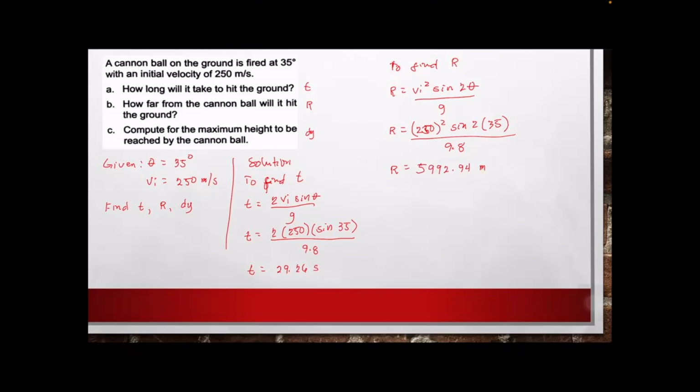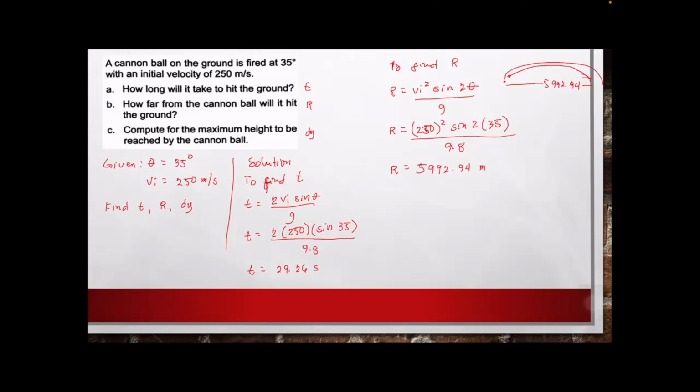So you can have 5,992.94 meters as the range. The cannon is like this, and this range is 5,992.94, that is how far it goes. Then the time from here to here is 29.26 seconds before it hits the ground.